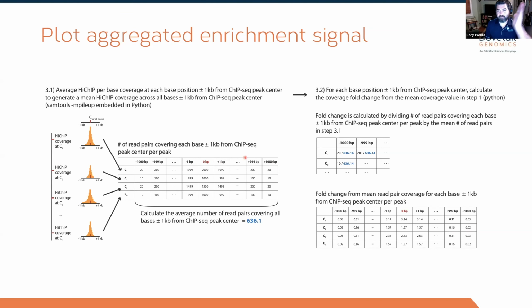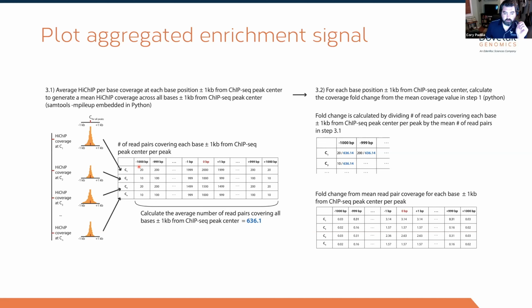So every base position plus or minus 1 kb. And the rows in this table are each peak entry. So here's peak 1, here's peak 2, peak 3, and then your nth peak goes at the very end of the table. And then what we simply do is ask how many read pairs cover that base for that peak.